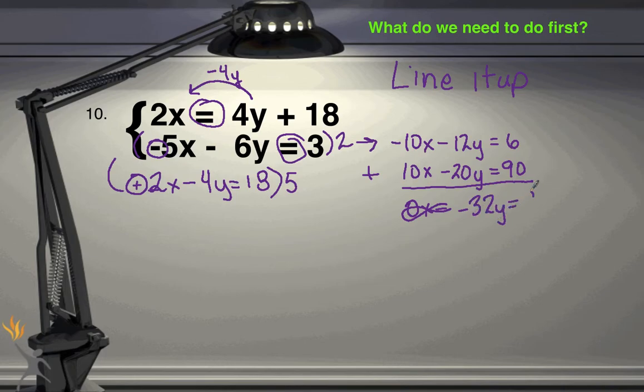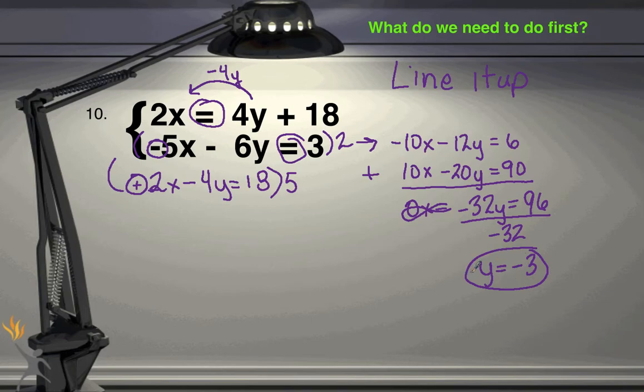Sorry, lost track of what I was doing. And this side giving me a positive 96. Now, we divide everything by 32. And when we do that, y equals negative 3. Even with large numbers, it simplifies out to be a whole number.